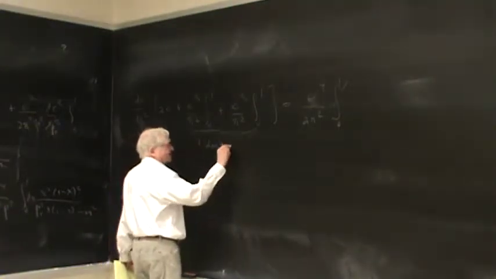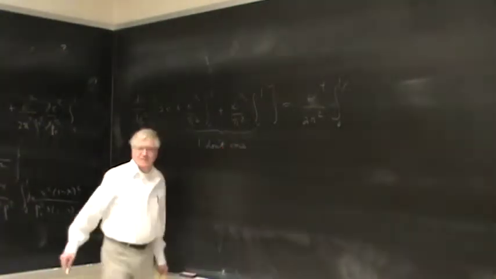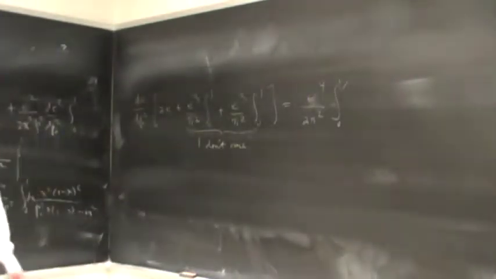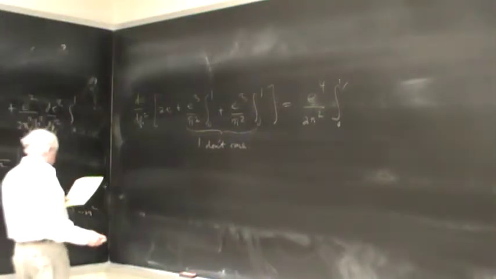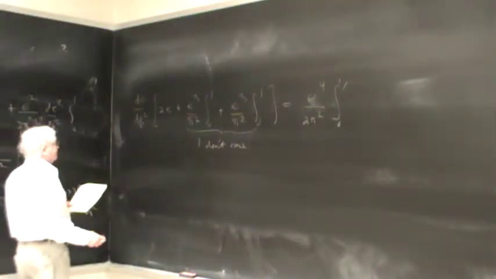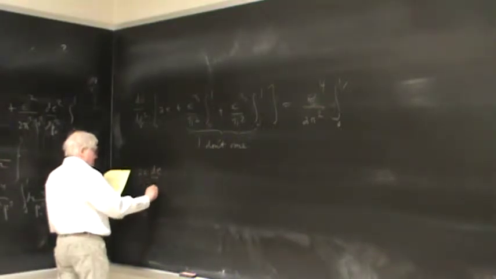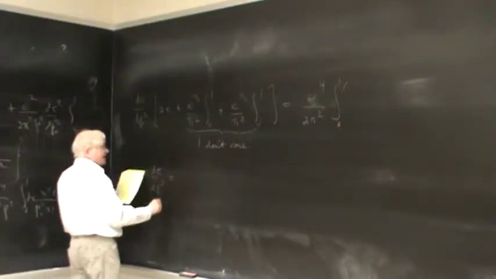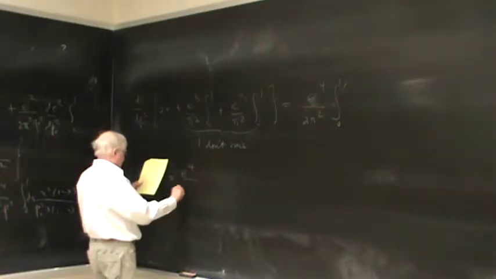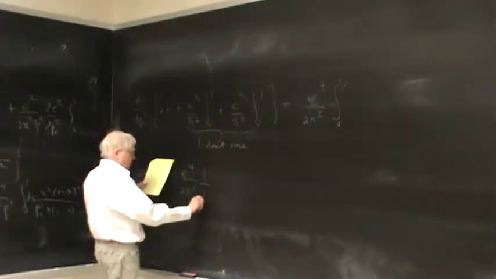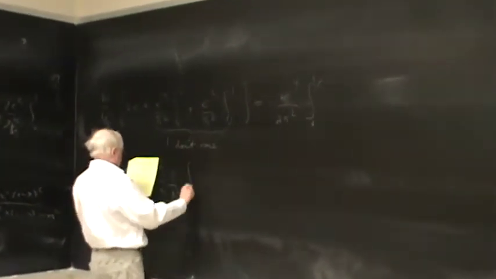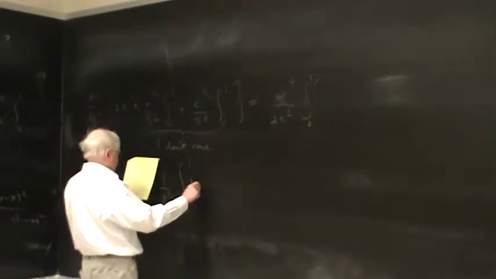All right, so what we've got left is 2e dE dp0 squared equal to e to the 4th over 2 pi squared, 1 over p0 squared, integral 0 to 1 dx.